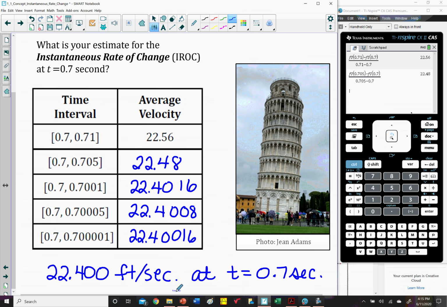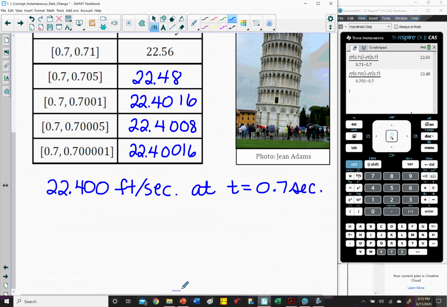So in the final calculation, I got 22.400 feet per second at that time of 7/10 of a second. Our coin was falling at this rate at that instant because we took our neighborhood and made the neighborhood very, very close to 7/10 of a second.